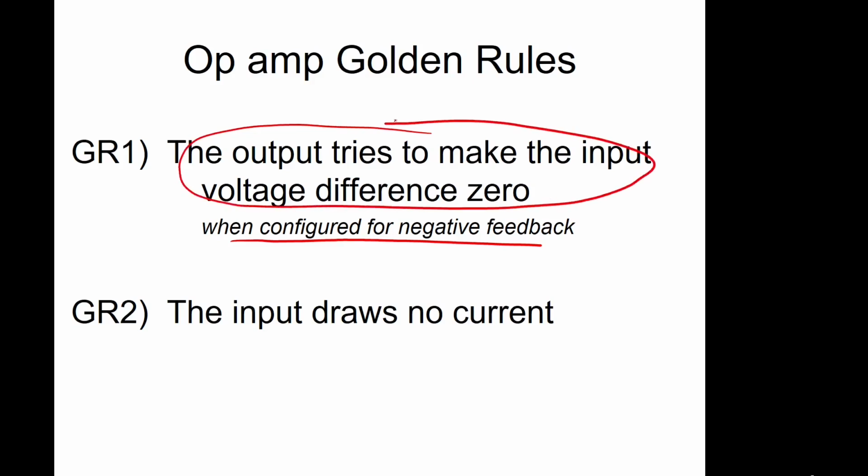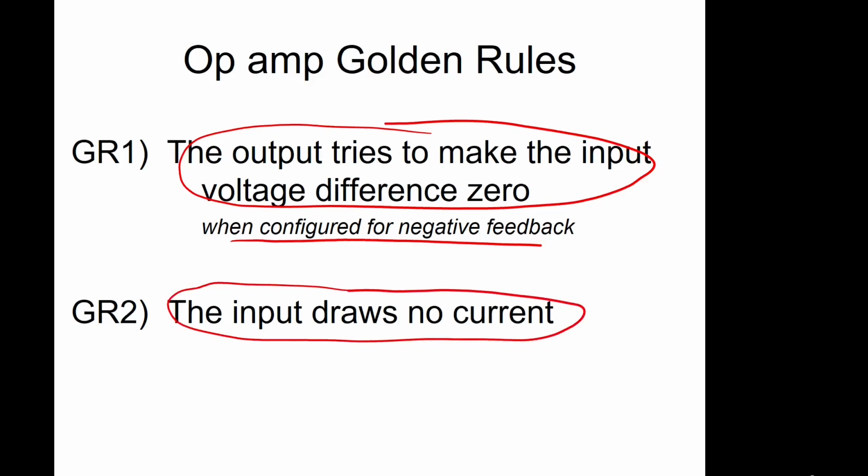So the output will adjust itself, so when it feeds itself back into the inverting input, it'll try and balance itself so the 2 input terminals are the same voltage. And then the second rule is the op-amp draws no current, so there's no current flowing into the op-amp from the inputs. If we consider those two rules and use Ohm's law, we can work out what the transfer functions are of various op-amp circuits.